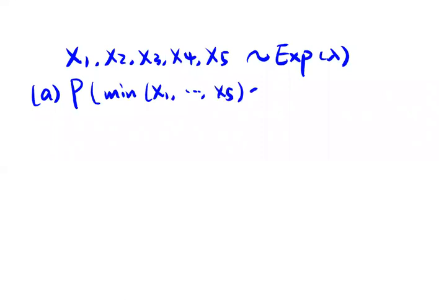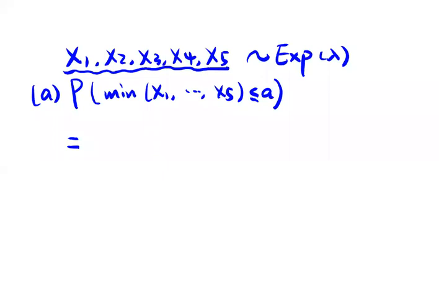is smaller or equal to a, some constant a. If you think about it, you have 5 different random variables, so you need to have the minimum of the 5 to be smaller or equal to a. That means you need to find... it might be hard to compute.